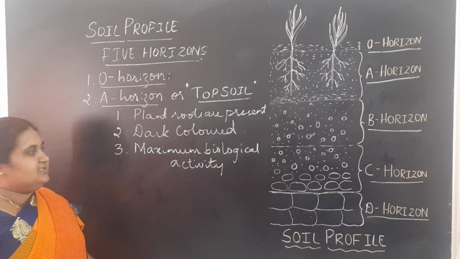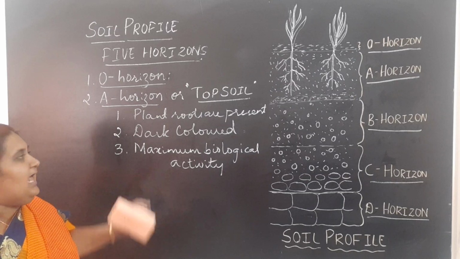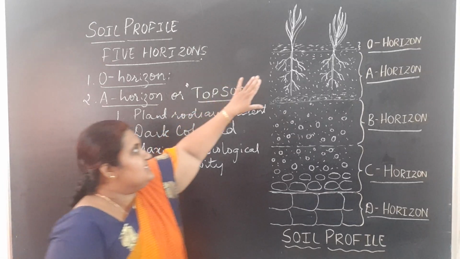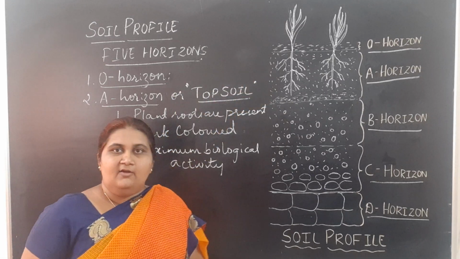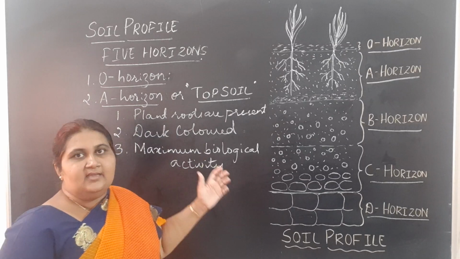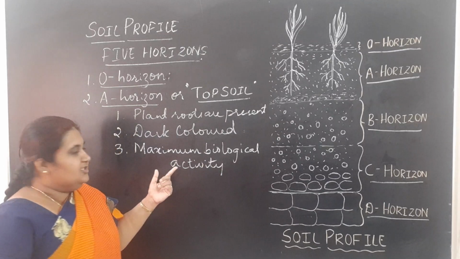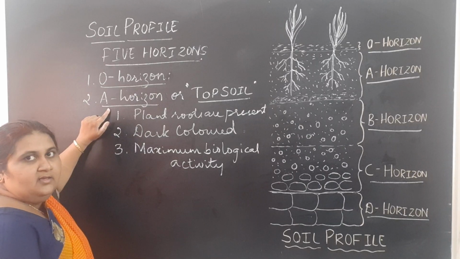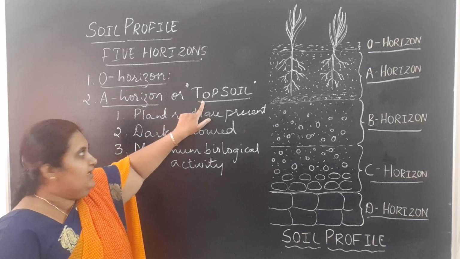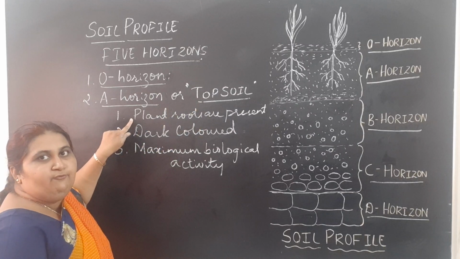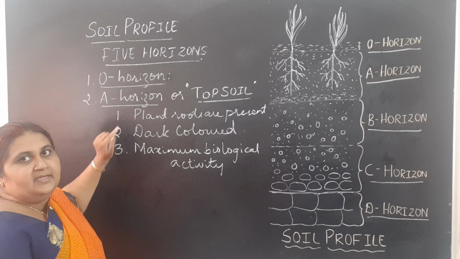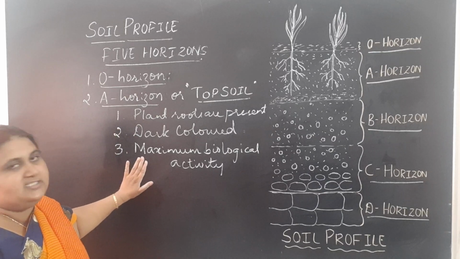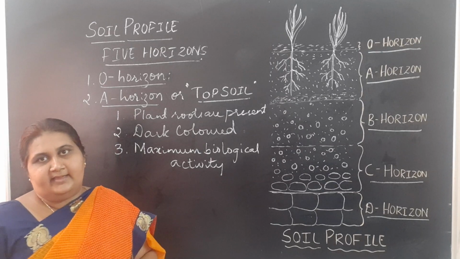Why? It shows maximum biological activity due to the aeration. So, the A horizon, also known as topsoil: plant roots are found in this horizon, it is dark colored, and maximum biological activity takes place due to the aeration.